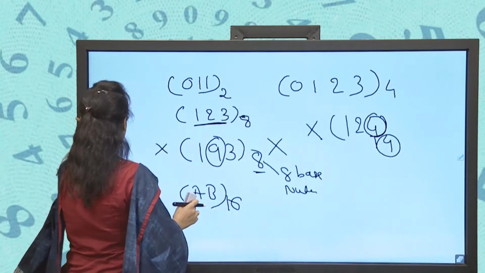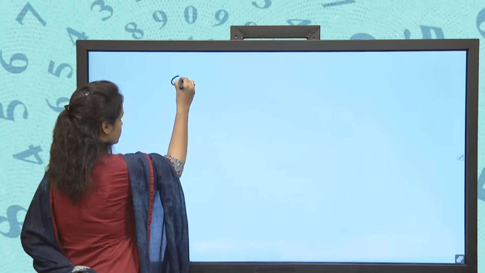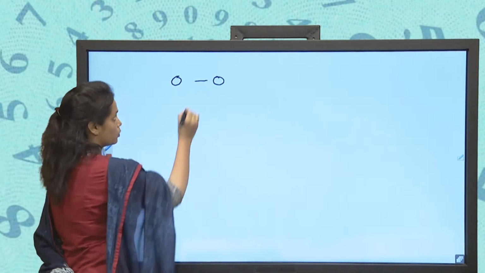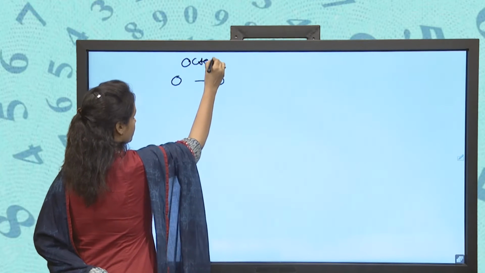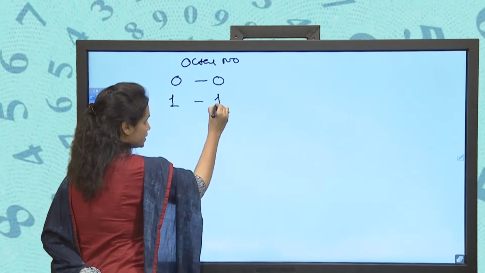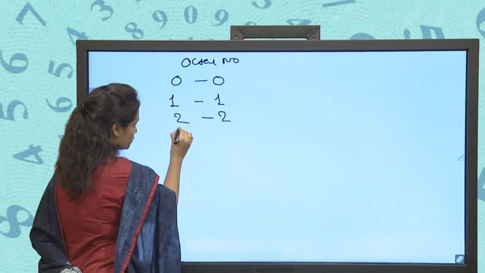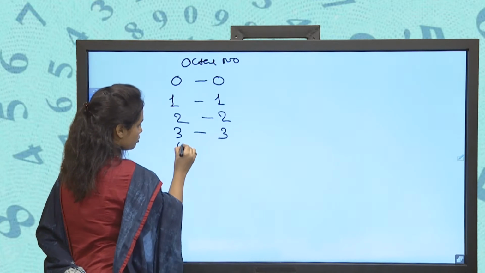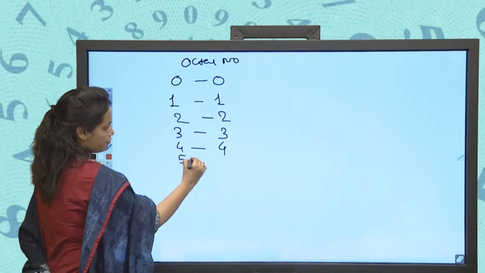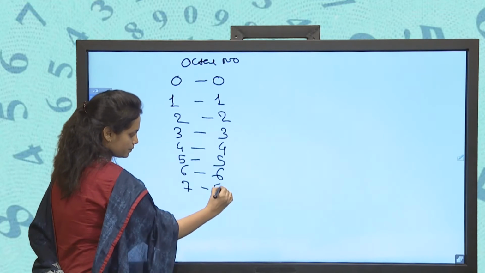We will see this. Suppose our number is 0, then it means 0. Suppose our number is 1, that means 1. Suppose our number is 2, it means 2. 3 means 3, 4 means 4, 5 means 5, 6 means 6, 7 means 7.